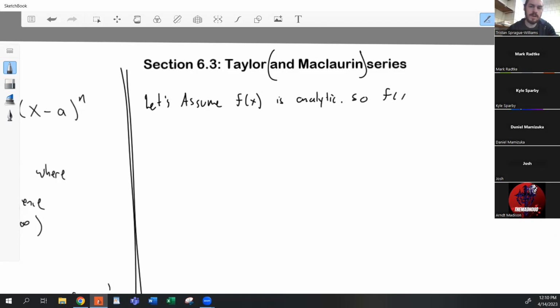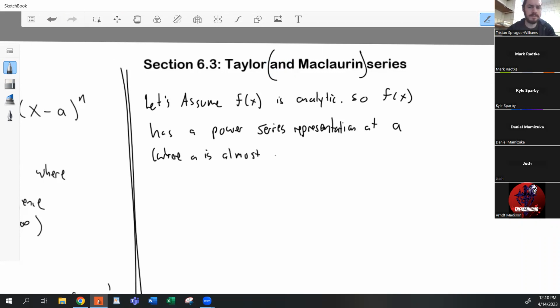So f of x has a power series representation at A, where A is almost any number in its domain.